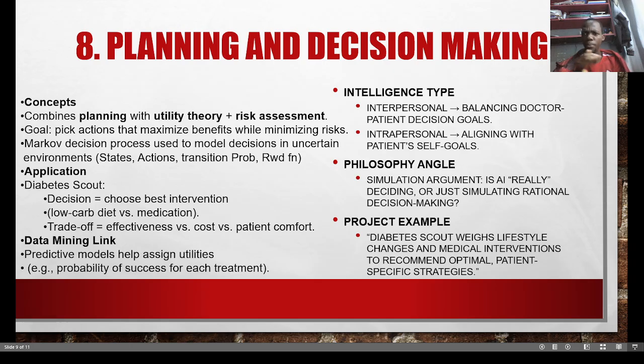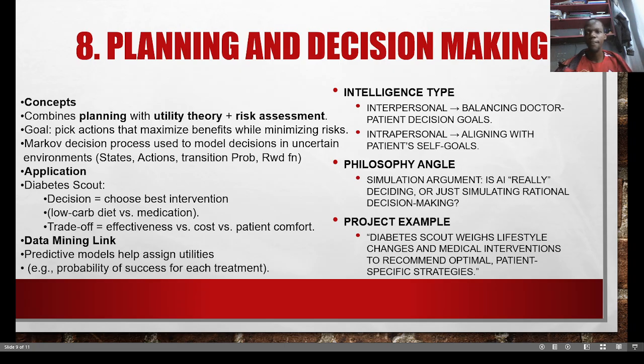We talked about planning, we talked about utility theory, of course, we know that. So now, planning and decision making. We plan and we have a lot of possible solutions that can be applied to the same problem. But now, how do you arrive at the decision and take an appropriate solution among the many? That is where we combine the two.